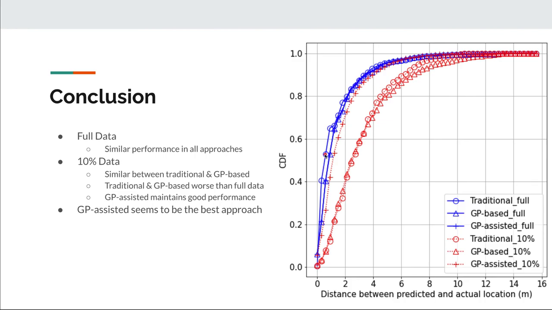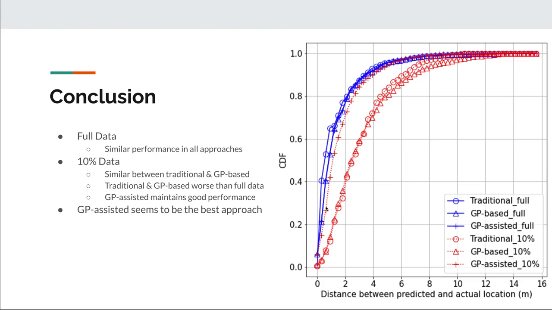What's interesting is the red cross line. Now the red cross line is this line. The red cross line represents the GP-assisted fingerprinting under the 10% scenario. It has much better performance than the other two methods under the 10% scenario, and in fact, its performance is approaching that of the full data scenario.